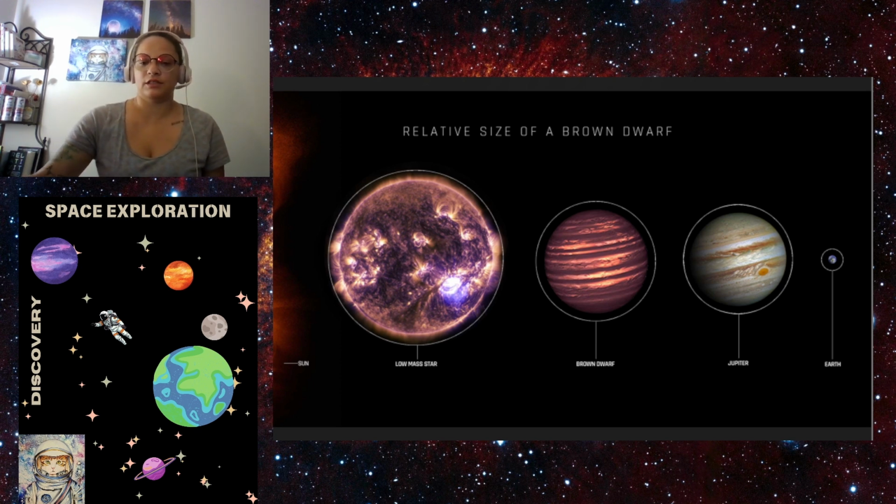So, as you can see, the low mass star, it's not on the screen, but right next to the low mass star is the sun, and it actually is just a little showing of it that touches the top and the bottom of the black. So that shows you the drastic difference between Jupiter to brown dwarf, which is very similar, then to a low mass star, then to our star.